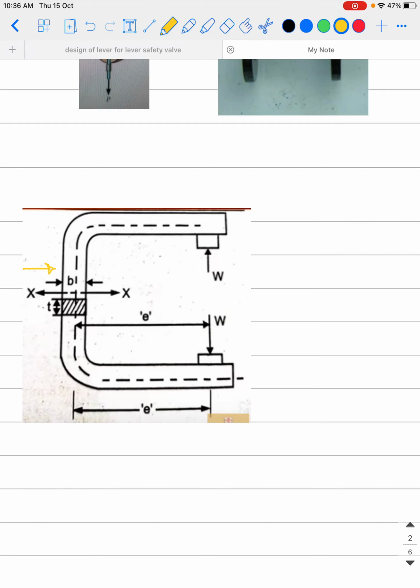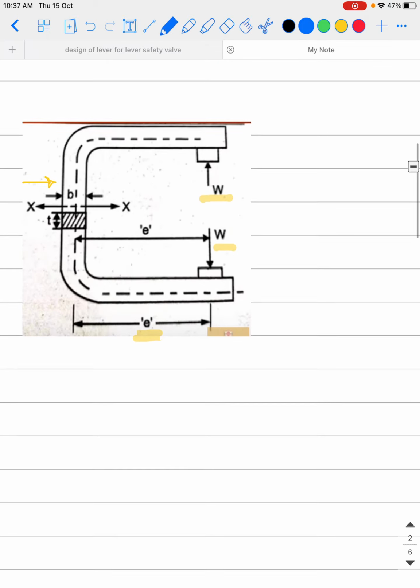Sometimes it may have an I section, or a circular section, but here we consider a rectangular cross section, and the load W is applied at this point. So the point where the load is applied is eccentric, offset by a distance E from the axis of the main link. Now we will begin the design of this C clamp link.